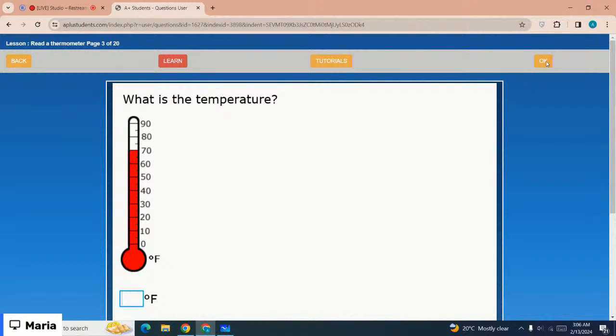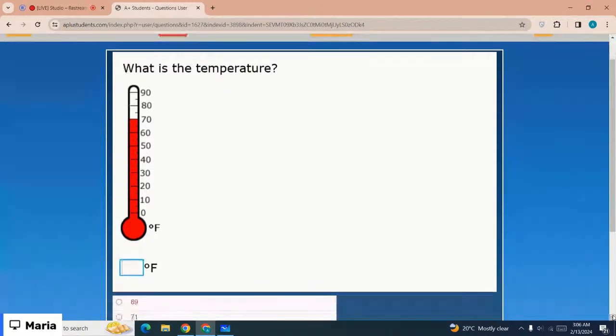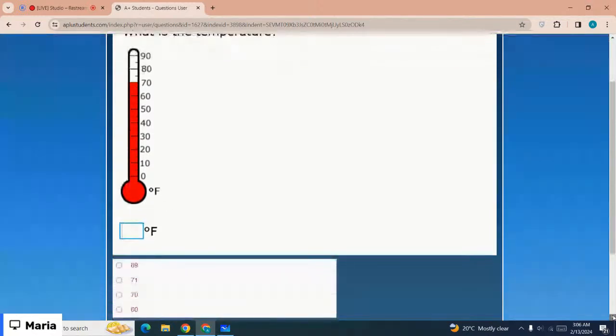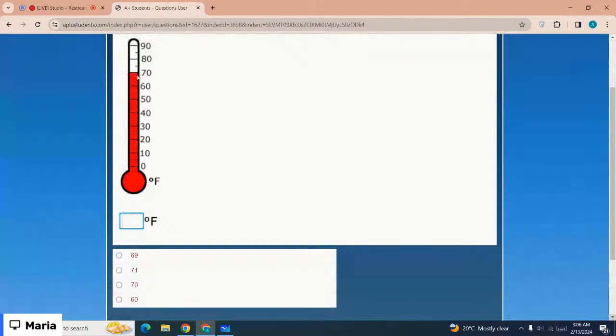The correct option is 70 degrees Fahrenheit. Here you need to see where the color is changing from red to white. So that is 70 degrees Fahrenheit. Got it?